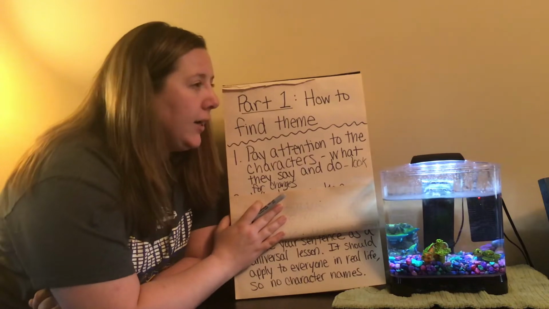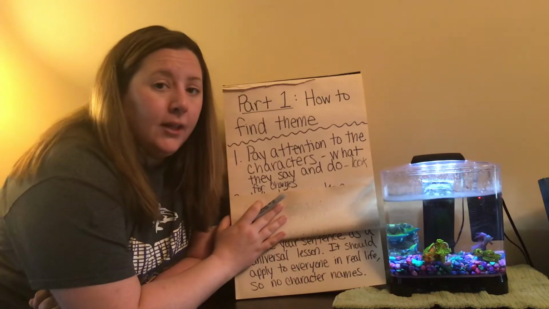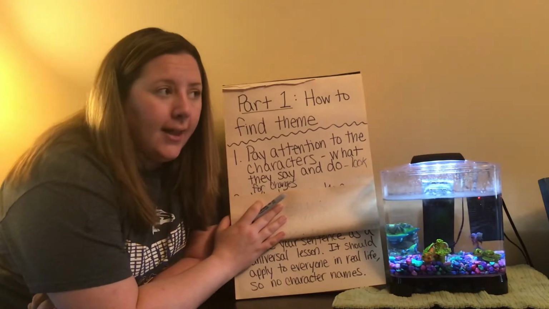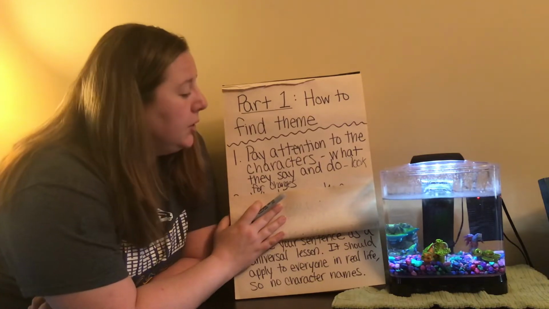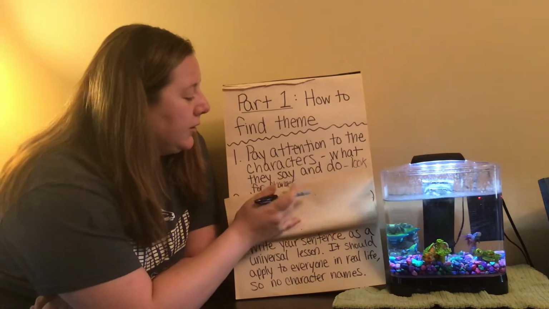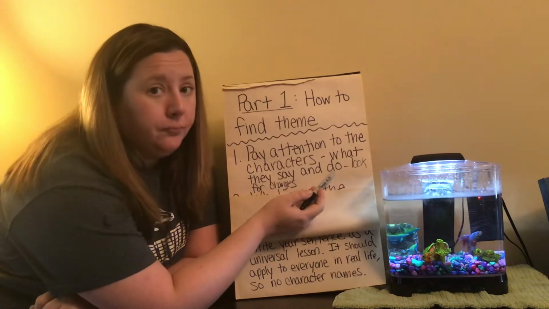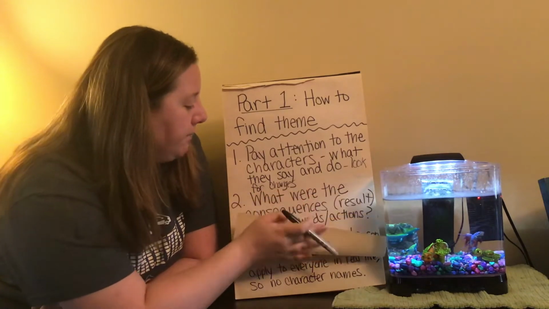Usually people change because they made a mistake and they learned their lesson from their mistake, and then that lesson is the theme. So definitely pay attention to what the characters say and do when you're reading the story.